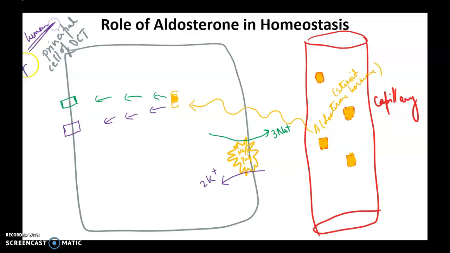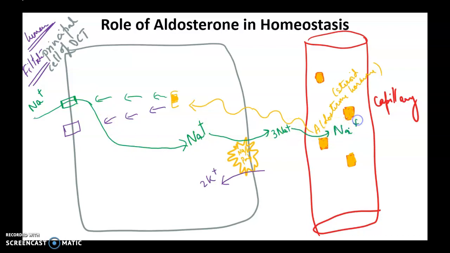That's the lumen. We have the filtrate here. Since it's pumping out sodium from these cells, obviously there is a deficit of sodium within the principal cell. So now sodium will come in. Sodium from the filtrate comes in, right? And then this sodium will ultimately get into the capillary.